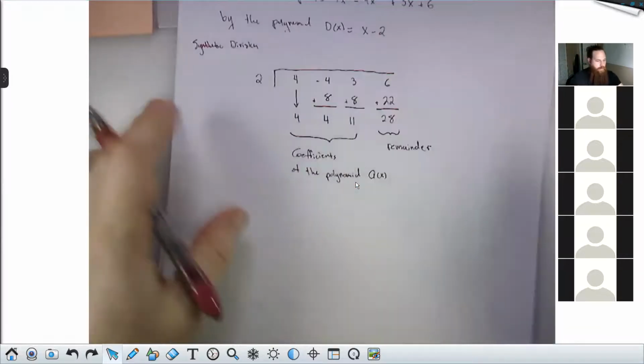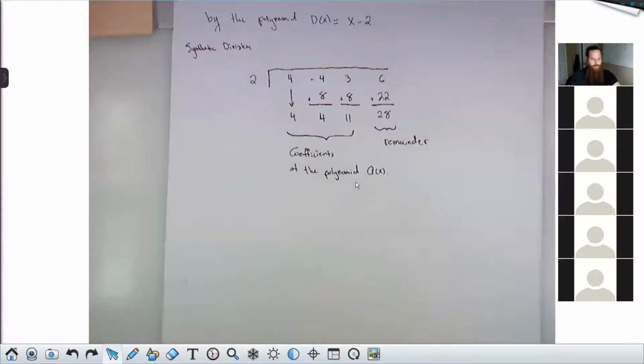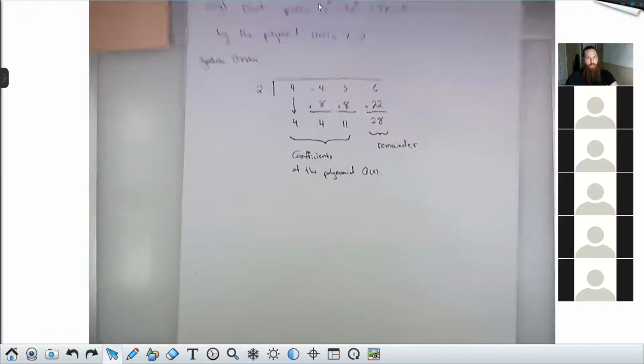Remember what you're doing here. You're dividing a polynomial of degree 3 by a polynomial of degree 1. So the quotient will always be a polynomial of degree 2. You take a cubic and you divide it by a linear polynomial. A 3 thing divided by a 1 thing will always give a 2 thing.